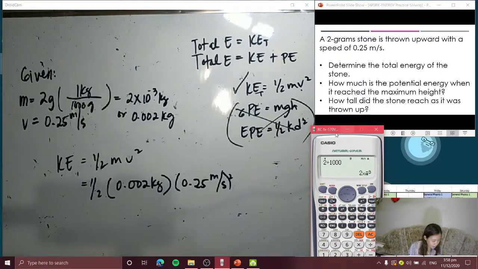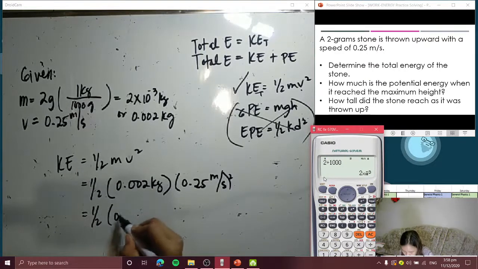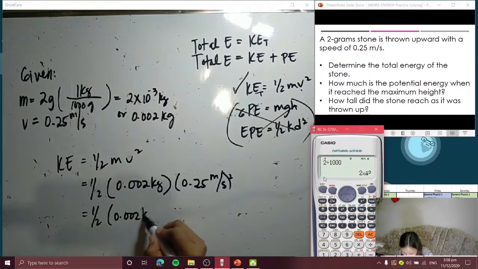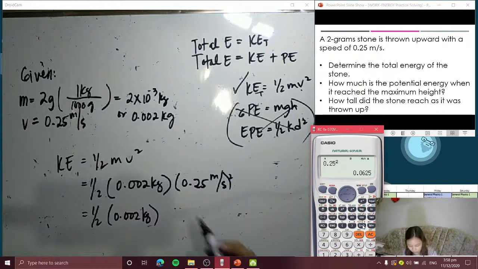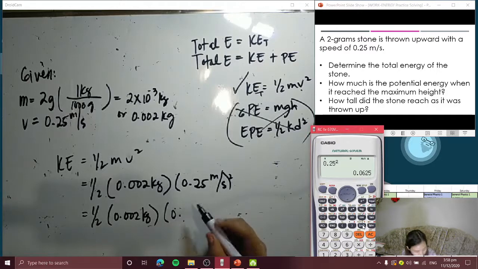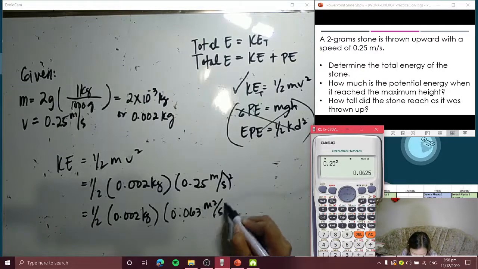Okay, then substitute lang. So, we have here 1/2 times 0.002 kilograms times 0.25 square. And that's equal to 0.063 meter square per second square.